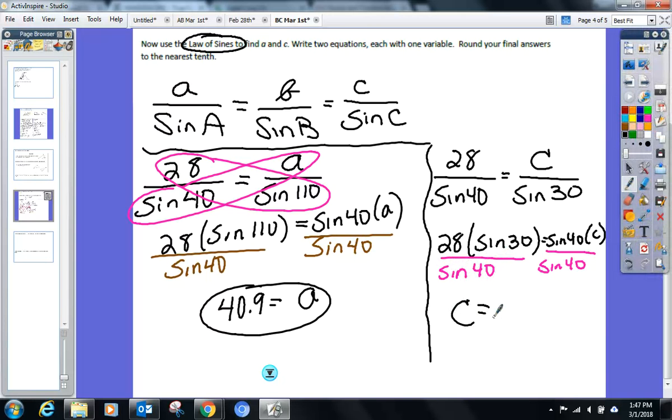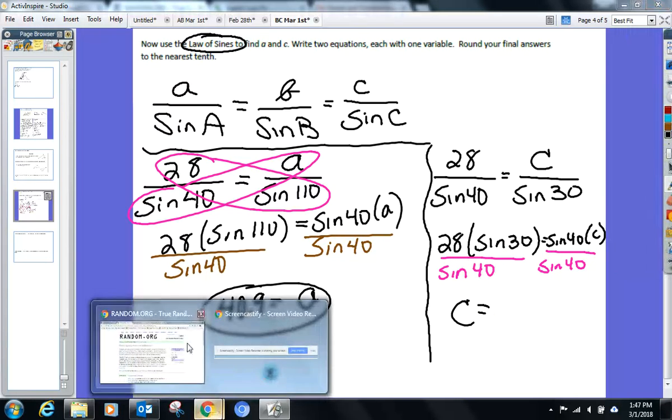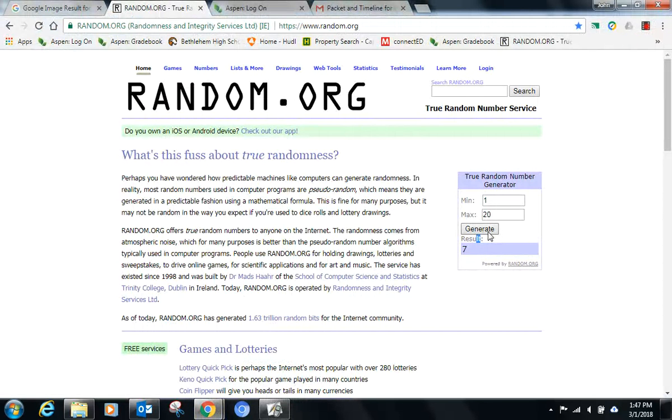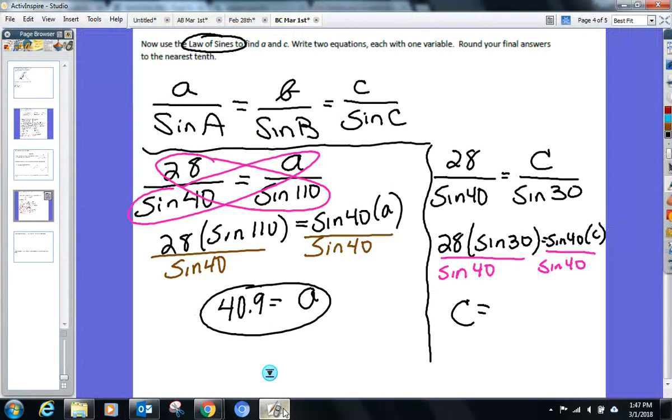And once again, nearest tenth. Side C, 7. Whenever you're ready, take your time. 21.7 or 21.8. 0.8, yep.